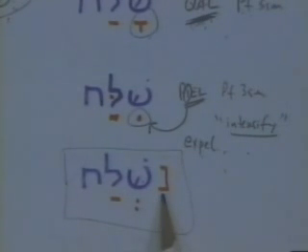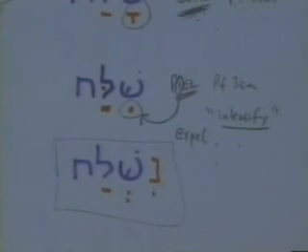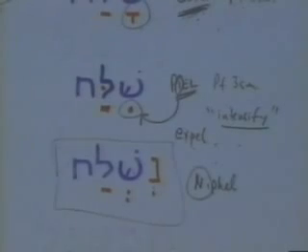Here's where it can get confusing, right? We've seen the nun prefix as a mark of imperfect, not just imperfect, but imperfect first plural. You know all that when you see a nun. The nun is also used as a conjugational prefix. This conjugation is called the nifal because it starts with a nun.